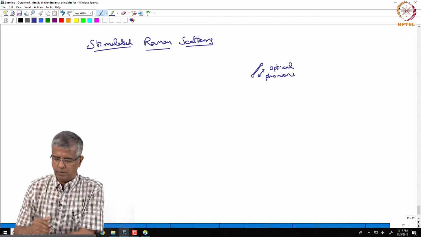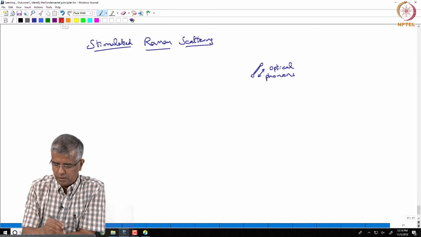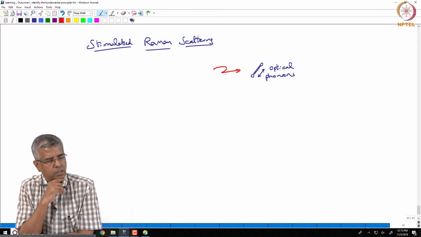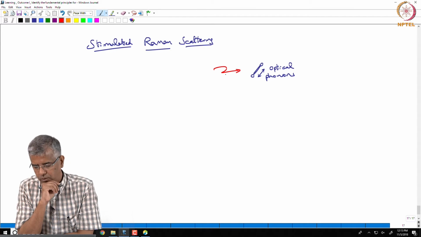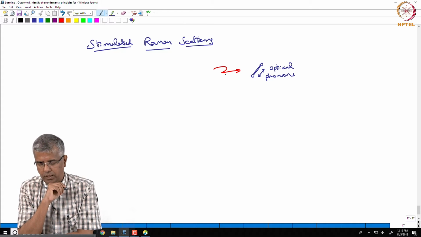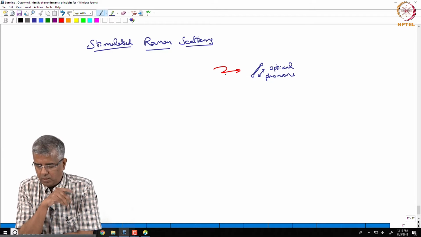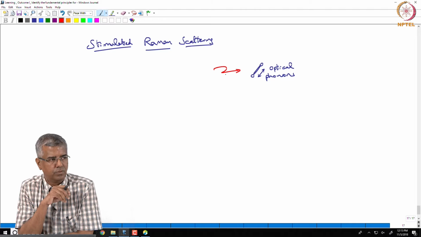So, nevertheless, if you have a light wave incident on this optical phonon, you have scattering of light happening. In one case, let us say that molecule is at rest, and this electromagnetic wave comes around.